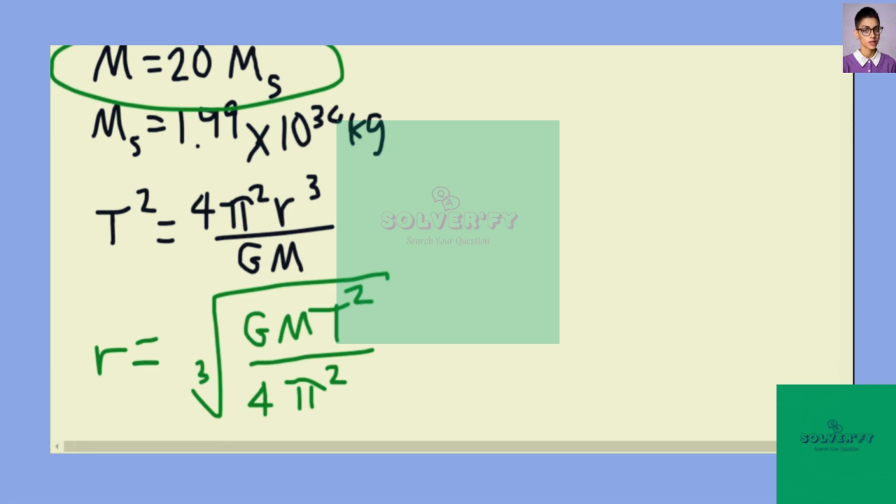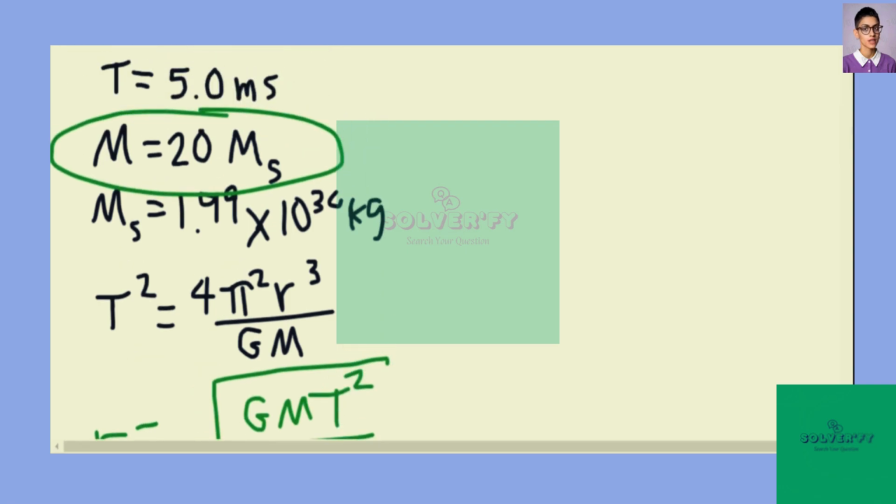Square root of 6.67 times 10 to the negative 11th power, that's G, times M, 1.99 times 10 to the 30th power, times T squared. We were given T, 5 milliseconds.